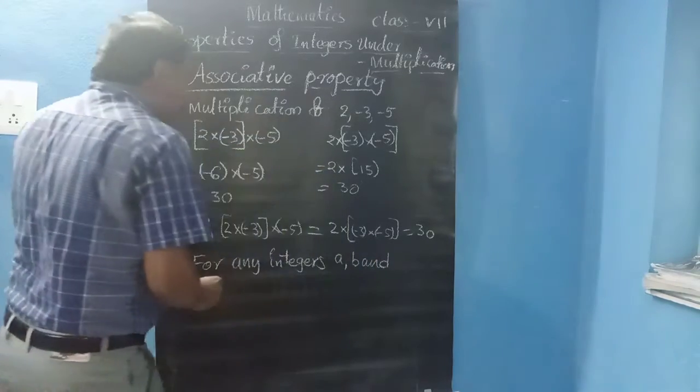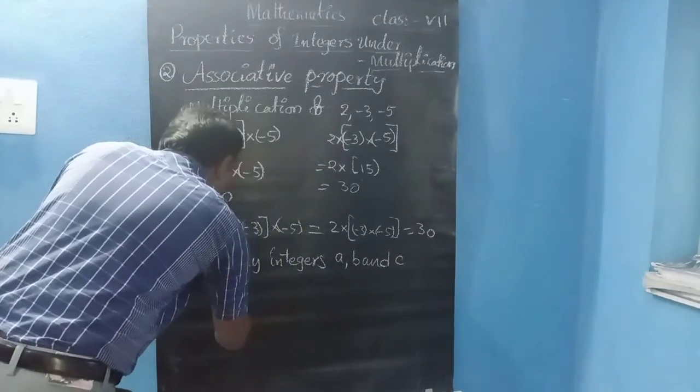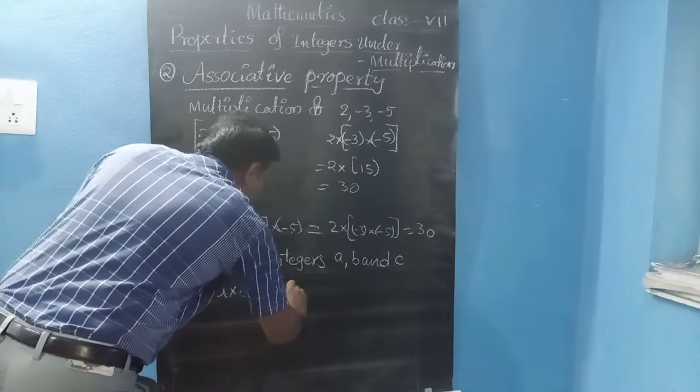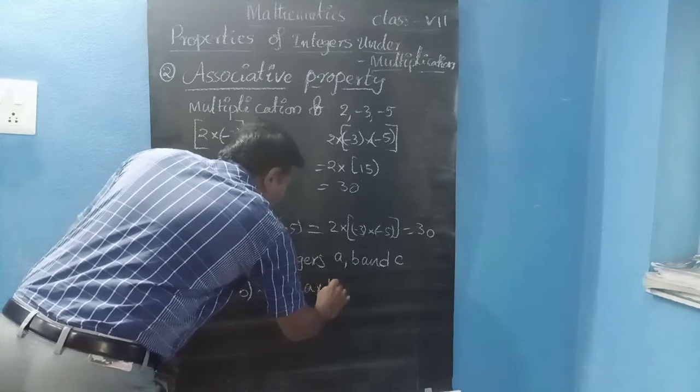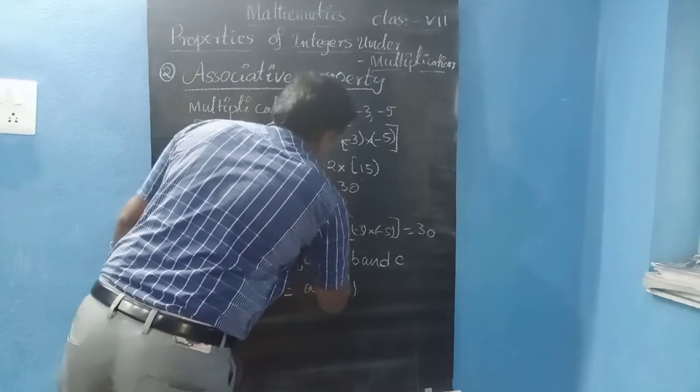For any integers a, b and c, a into b into c is equal to a into b into c.